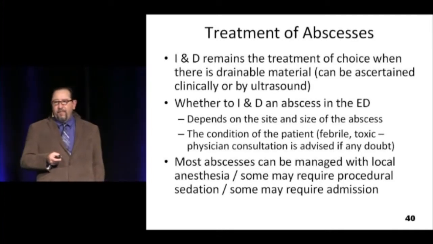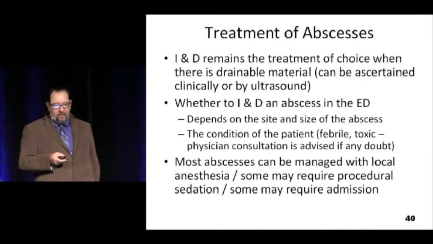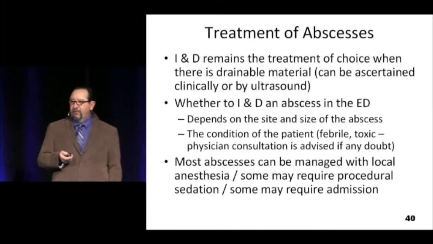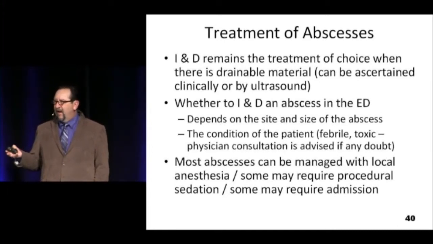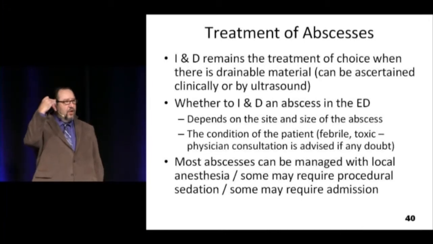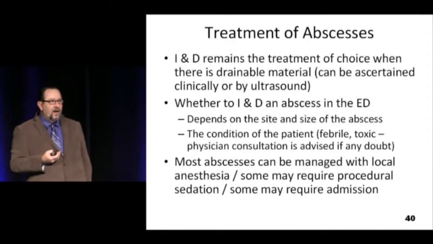So if the patient's toxic, febrile, then you've got to consider working them up, labbing them up, etc. And most abscesses, like I say, are pretty simple to drain. Where should you be a little cautious? Where there's a lot of cosmetic issues, right? I&Ding the huge unicorn abscess on the front of their head, you might want to think about that.